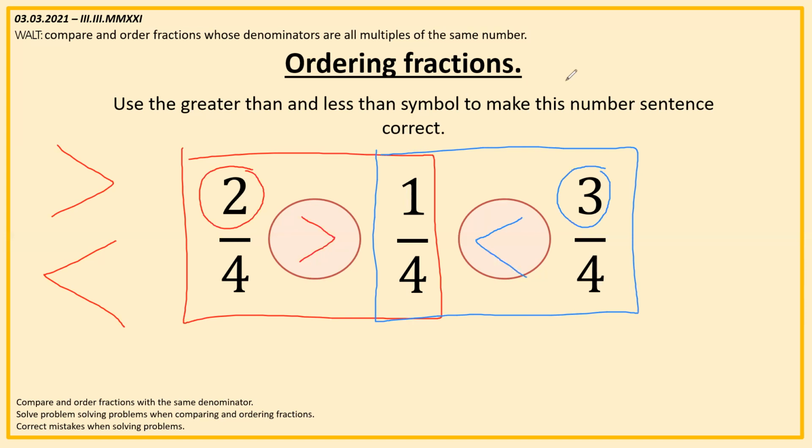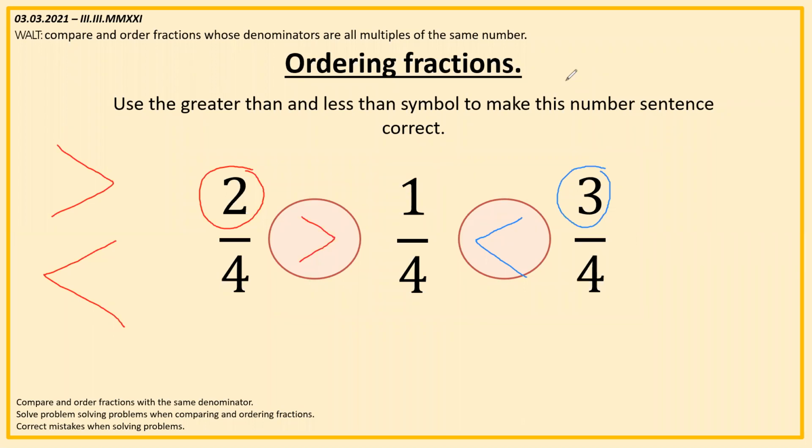In the red, we've got 2/4 is greater than 1/4, and in the blue, we've got 1/4 is less than 3/4. If I get rid of these boxes, we've now got 2/4 is greater than 1/4, which is less than 3/4. So we've now been able to create a number sentence that compares 3 fractions.